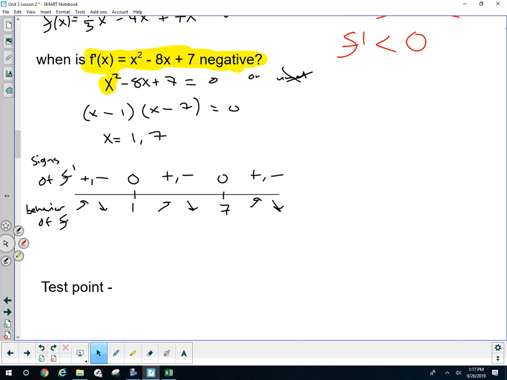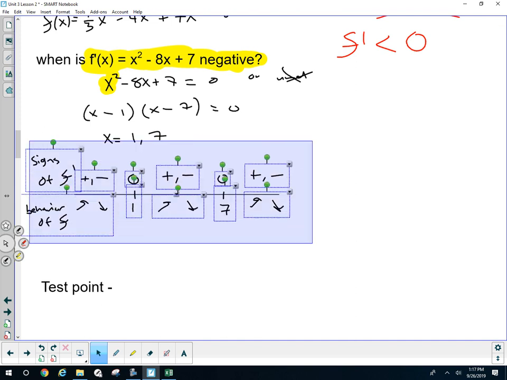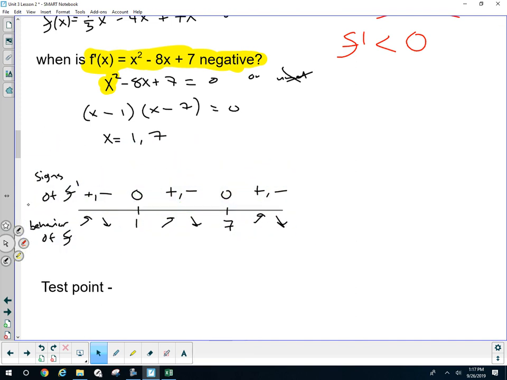Now here's what I'm going to do. Understanding that, I'm going to pick a test point, some value inside my interval. I'm going to write it small, but it's going to be like 3 or 8 or 0.